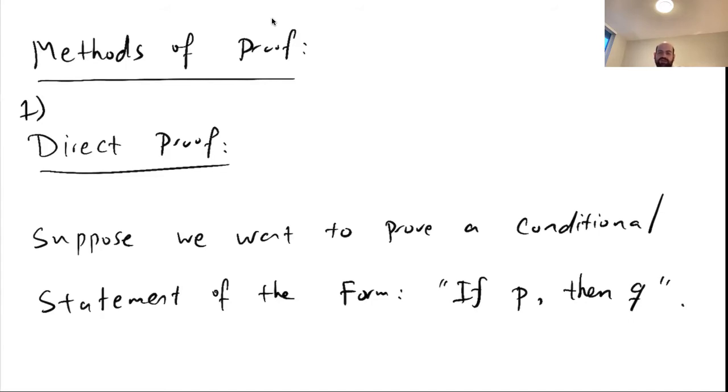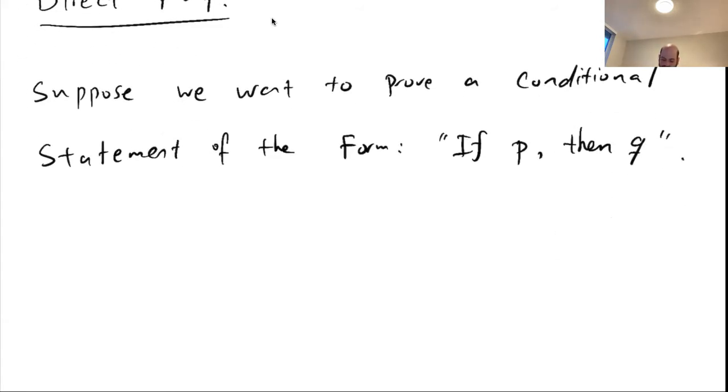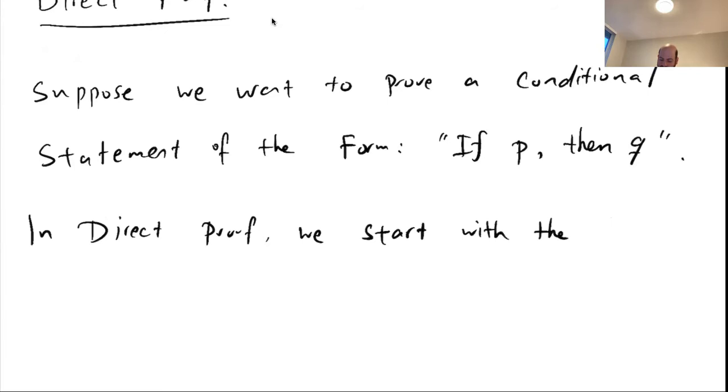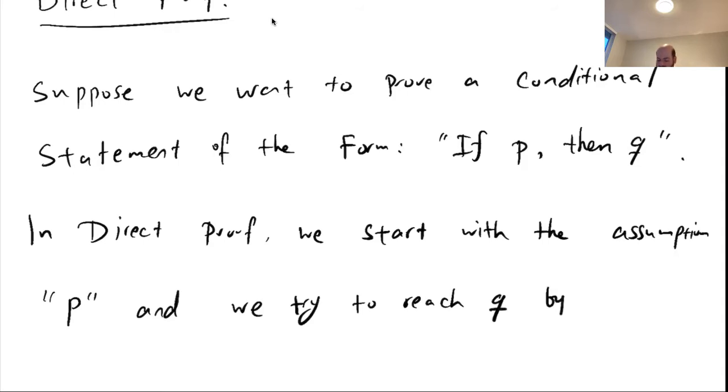Now, one simple way to prove this statement is to start from the assumption P and then do some type of reasoning or calculations, and at the end, we have to reach our conclusion, which is Q. Okay, so in direct proof, we start with the assumption P, and we try to reach Q.